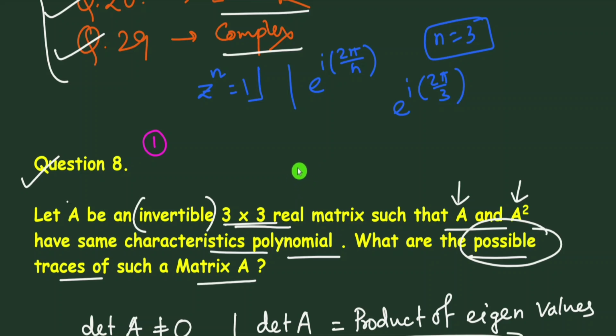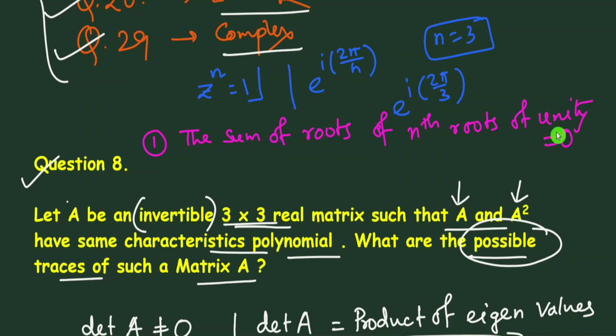Now the result is the sum of roots of unity, of cube roots or nth roots of unity. You can use here the general result of nth roots of unity: this is equal to 0.